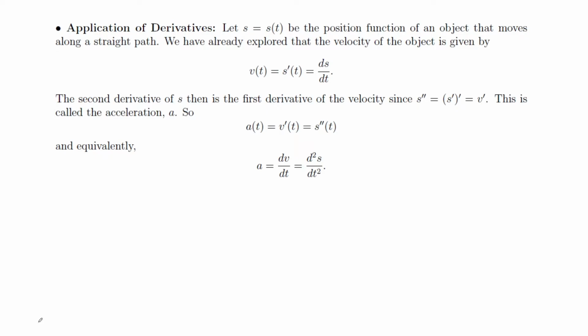So if s represents the position of some object, then s prime is simply the velocity of that object at a particular time. So we might say v of t for velocity, we might say s prime of t, we might say ds dt, right? All those are valid notations.